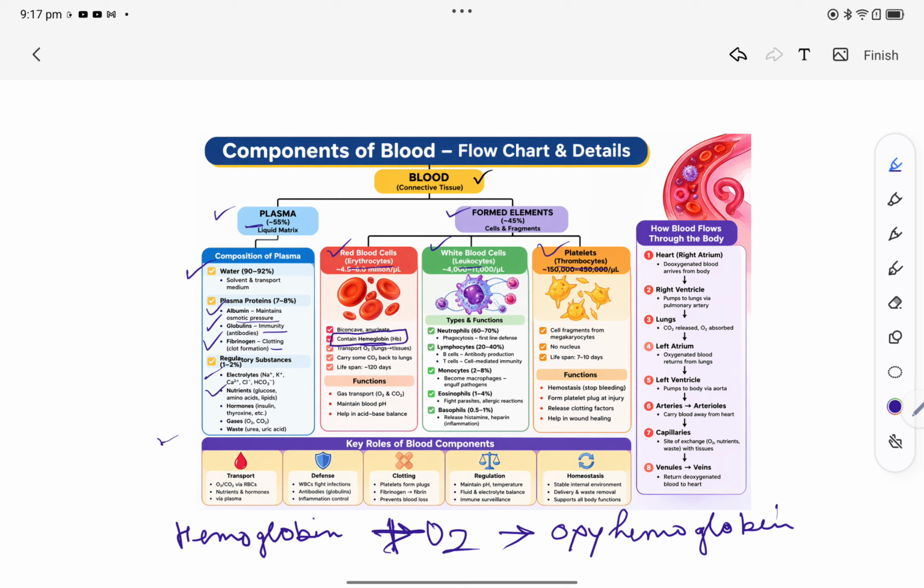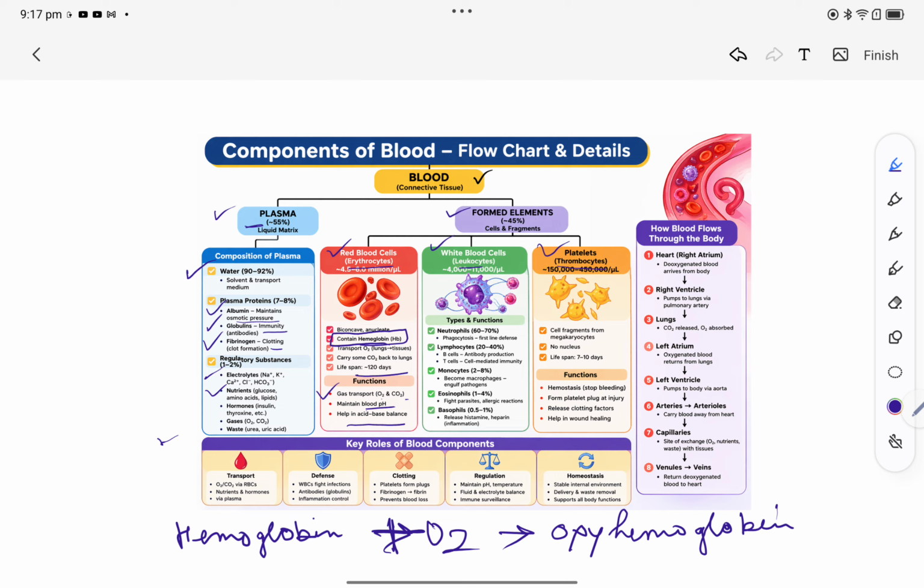The lifespan of red blood cells is 120 days. These are very basic facts, given more or less in all the books. Their function, as I have already mentioned, is to transport gases like oxygen and carbon dioxide, maintain blood pH, and help in acid base balance.